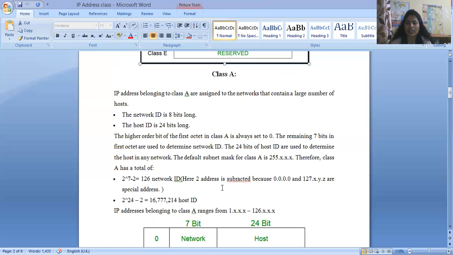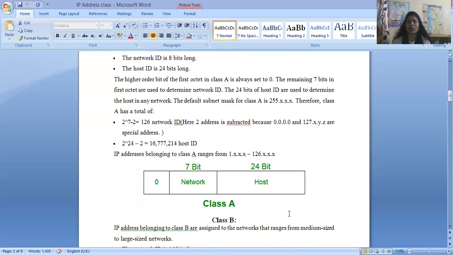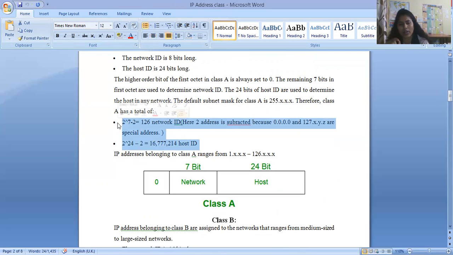Here, two addresses are subtracted because 0.0.0.0 and 127.x.y.z are special addresses. And 2 to the power 24 minus 2 gives the number of host IDs. So if you are given any IP address and asked to calculate the network ID and host ID, you will easily calculate it for any class of IP address.